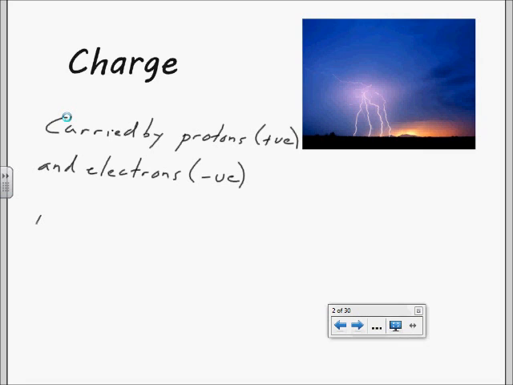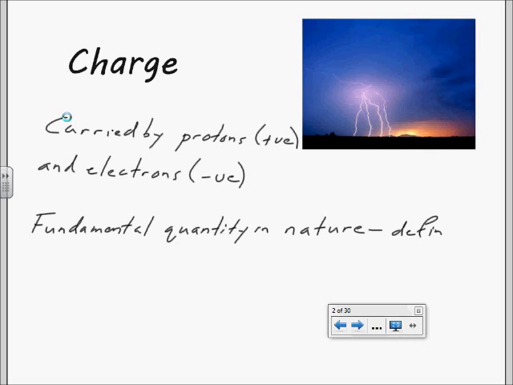So I said it's a fundamental quantity in nature, and it is defined in terms of electric current. And that's because electric current is more easy to measure directly than electric charge.